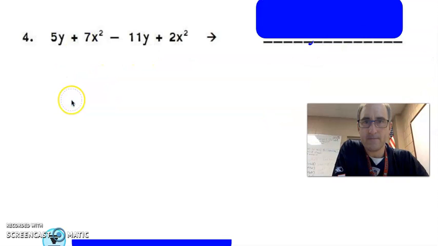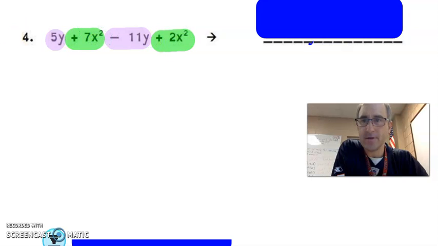3U minus 4. Remember that letters with an exponent are different than regular letters. Although this is a y and this is an x squared, they're not going to go together no matter what. Even if this was an x, it still wouldn't go with the x squared. So just my y's are going to go together, and just my x squareds are going to go together. When I shuffle those around, remember to move the minus sign with the 11y because it belongs to it.